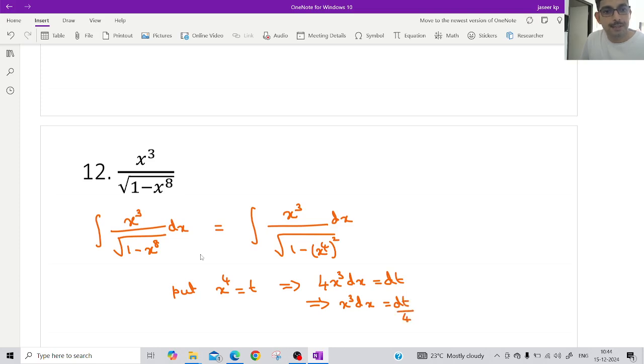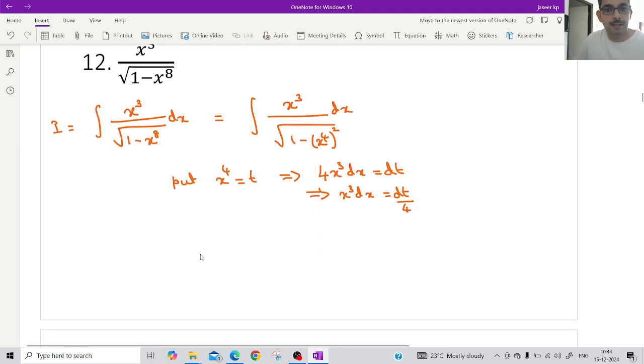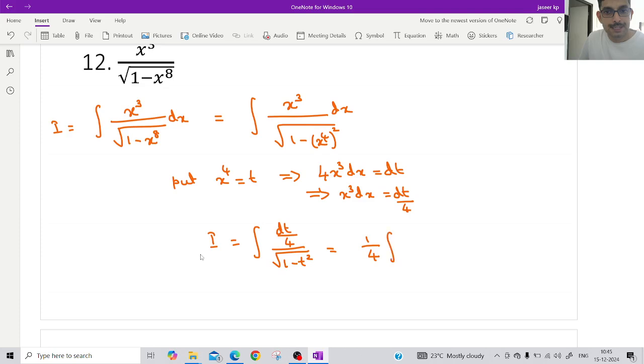Now if you take this as I, you replace everything in terms of t. So I equals x cube dx, which is dt by 4, divided by root of 1 minus t square. So that is 1 by 4 dt by under root of 1 minus t square.